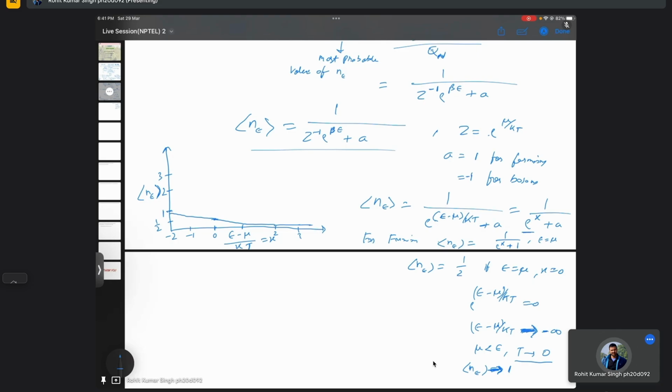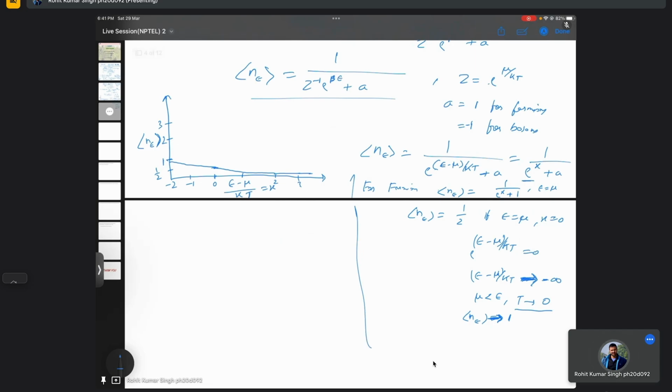And for bosons, so this is for fermions, right? For bosons you have this -1. So at E equal to mu, or x equal to 0, you get maximum occupancy equal to -1, right?